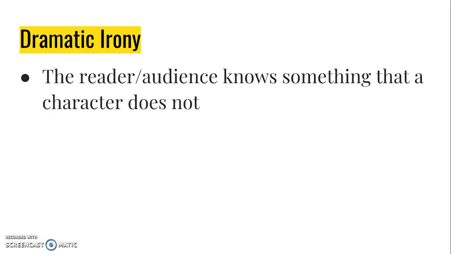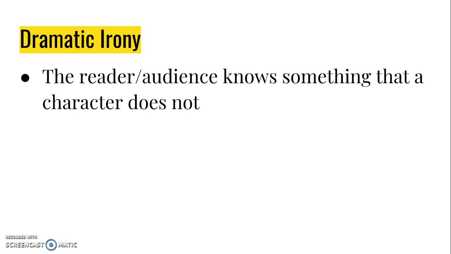Dramatic irony is another type of irony we're going to talk about. This is when the reader or audience knows something that a character does not. Great writers and authors use dramatic irony to help build suspense in their story. We've talked about plot in class, and in the rising action of the plot, that's when you start to build that suspense.